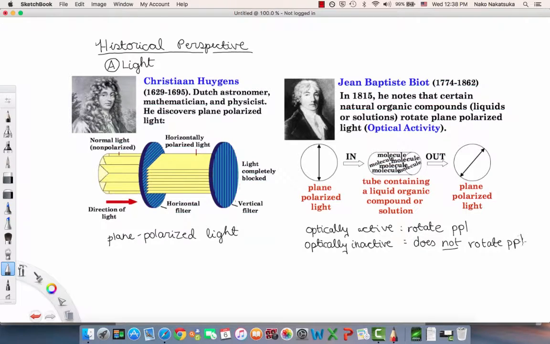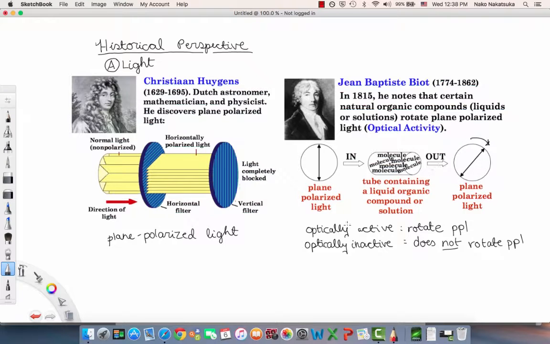So this was a way to actually characterize whether some material was optically active or inactive by performing this experiment where you can see whether the plane polarized light was able to get rotated by a certain angle.